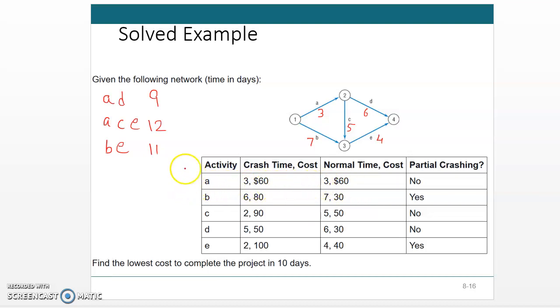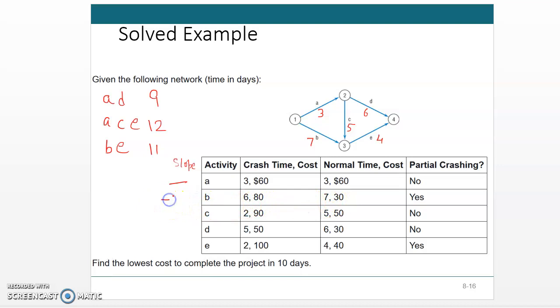I'll add a column for slope over here. For A there is no slope, because A cannot be crashed. B has a slope of 50.